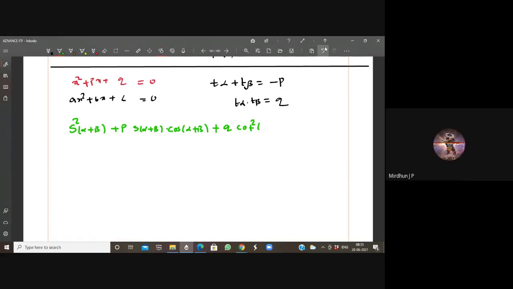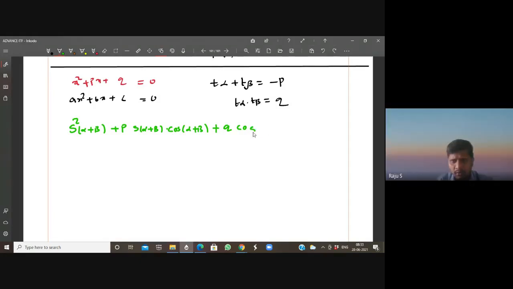So cos square, not cos. Cos square alpha plus beta. This is the value we need to find. Am I right?